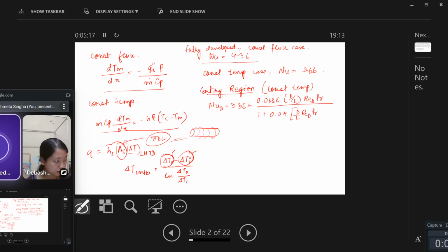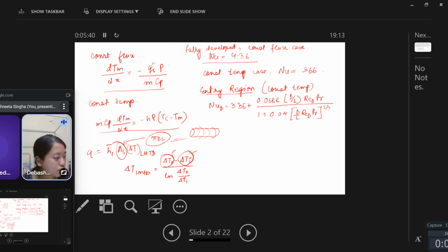The Nusselt number equation is given in exam or not? We want to remember it or already given in exam? You're asking, will this relation be given in the exam? Yes. I think it should be given, otherwise it's not possible to remember all this.